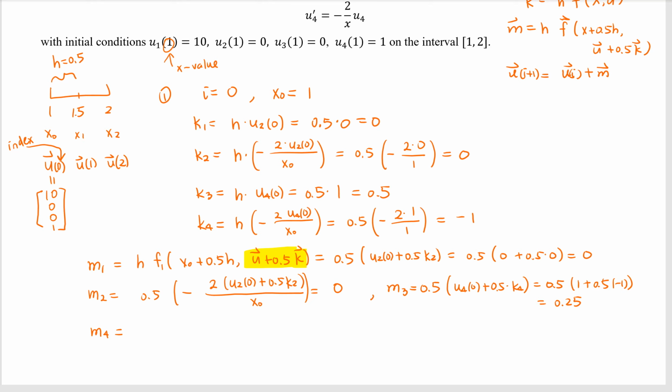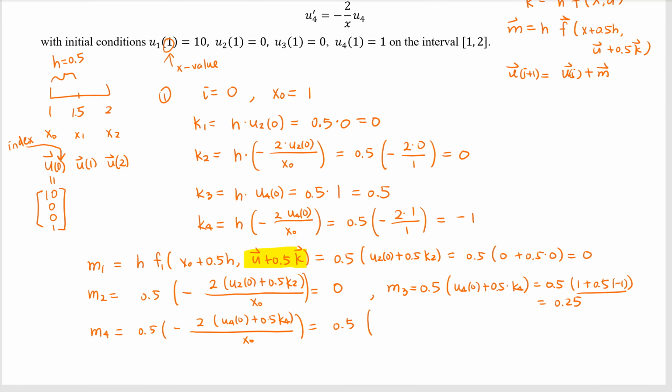Well, M4. M4 is H, 0.5, times negative 2. U4 now becomes U4 of 0 plus 0.5 of K4 over X0. Well, U4 of 0 plus 0.5 K4 is actually 0.5, right?